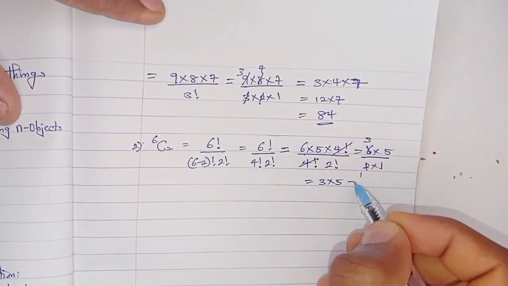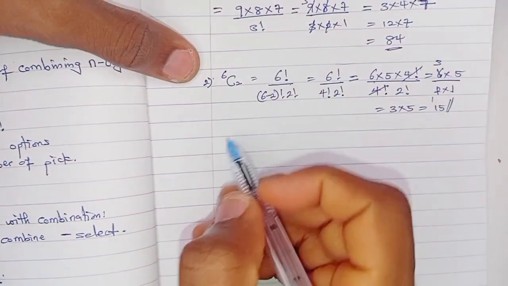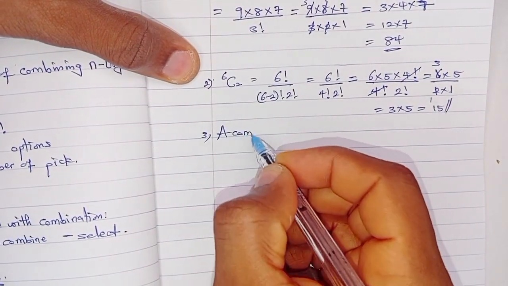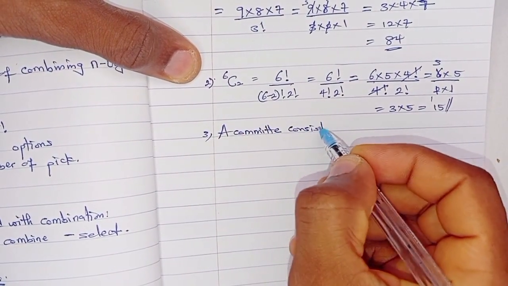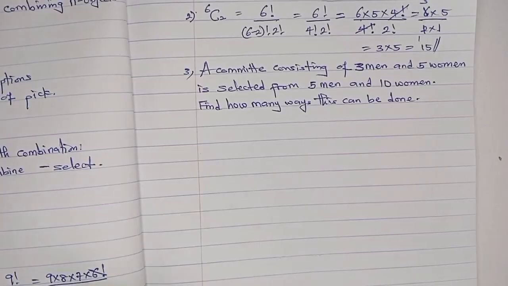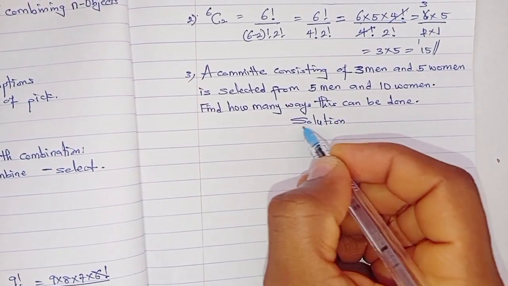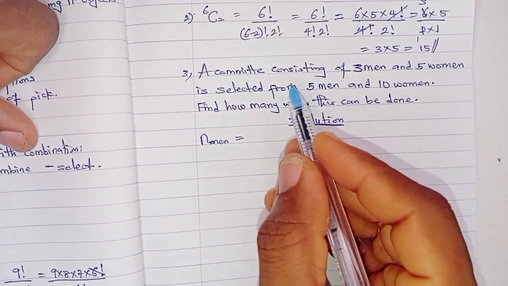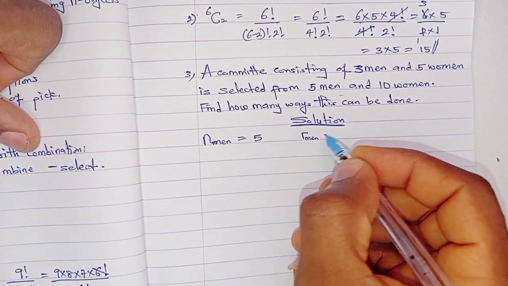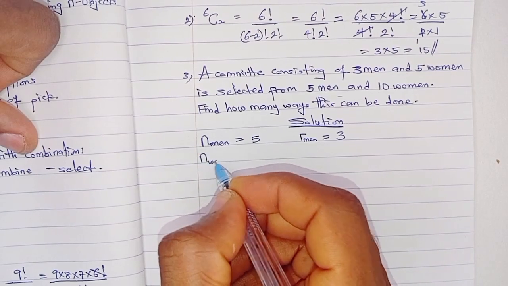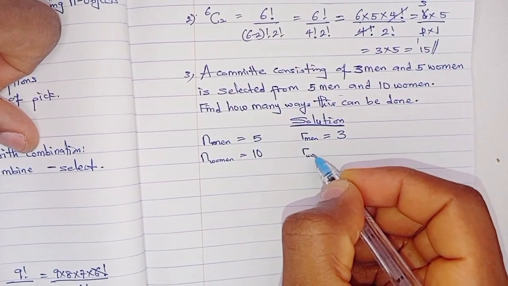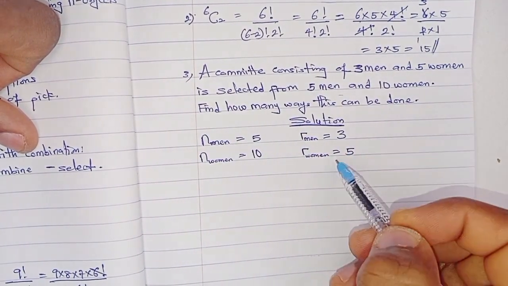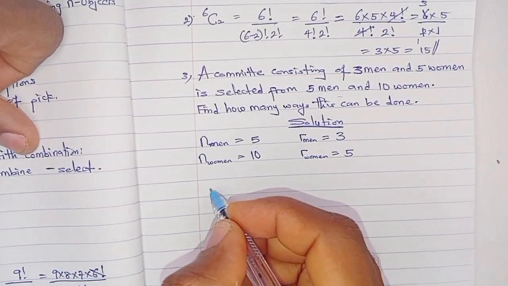Now, example 3. A committee of 3 men and 5 women is selected from 5 men and 10 women. Find the number of ways this can be done. Number of men equals 5, required picks equals 3. Number of women equals 10, required picks is 5. To obtain the appropriate result, we multiply the combination of men by that of women.